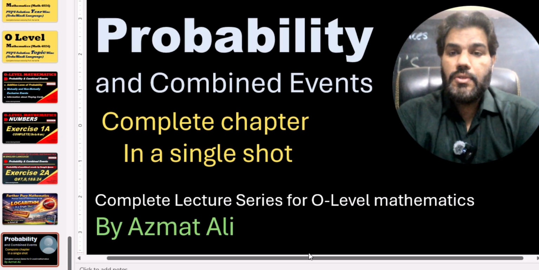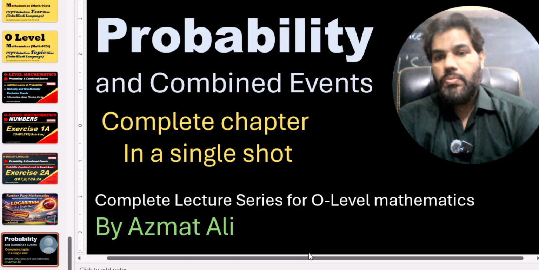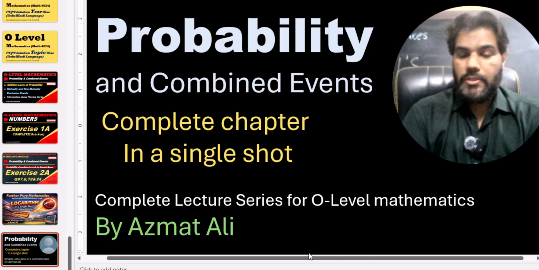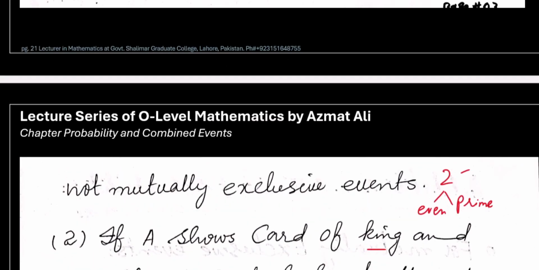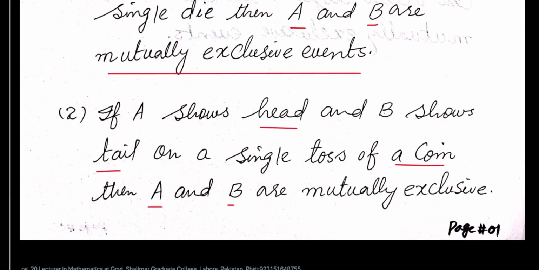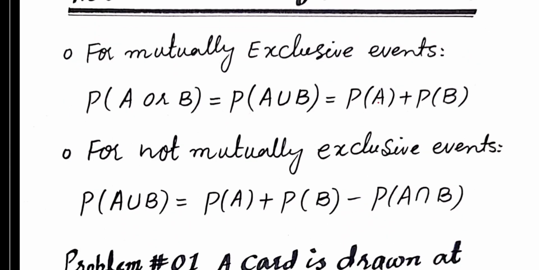Next, we discuss addition law of probabilities, which are related to mutually and not mutually exclusive events. For mutually exclusive events, the probability of A or B. This word or is logically denoted by union.